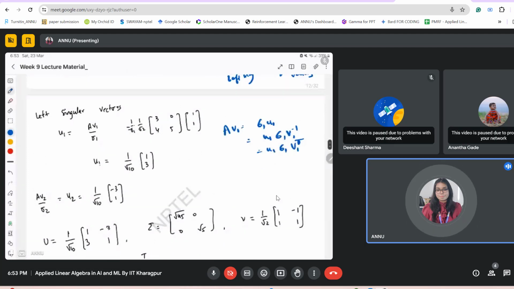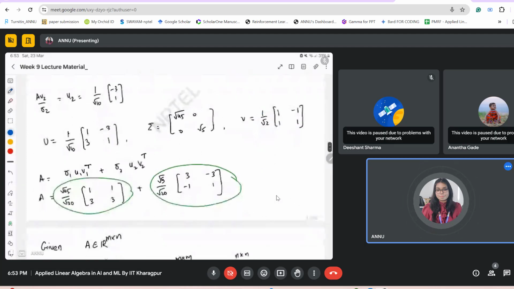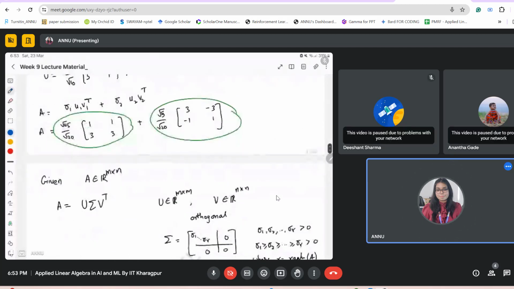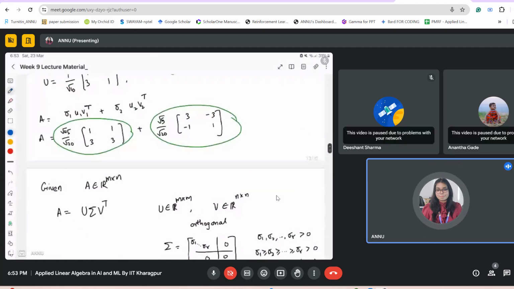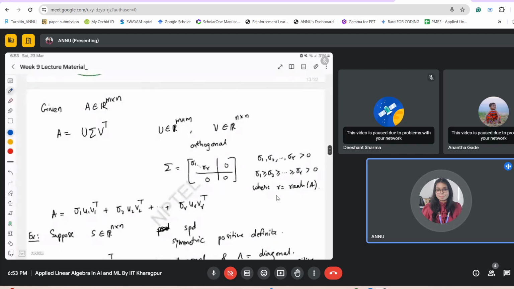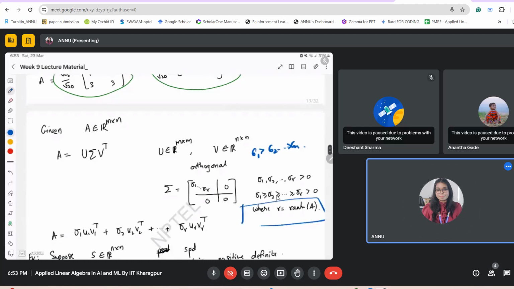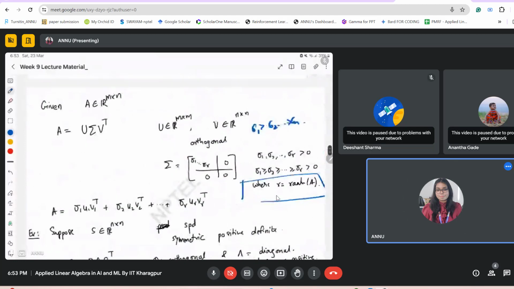Since this covers all the elements, it will be the sum of all of them. And if you write it properly as U sigma V transpose, we have to make sure that sigma 1 is greater than sigma 2, greater than sigma n, where r is the rank of the matrix.